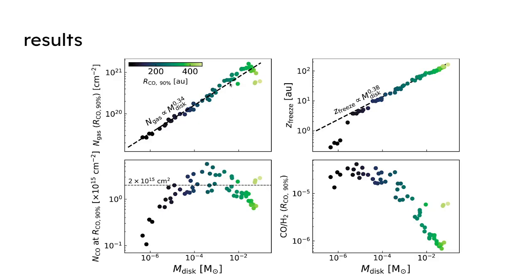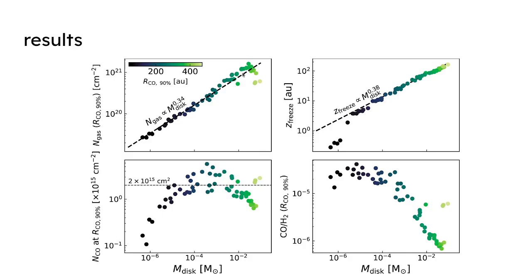Though, as you may notice, it breaks for larger disks. So 10 to the minus 1, 10 to the minus 2, with like those kind of waves going on, some weirdness here that are not well described by this.